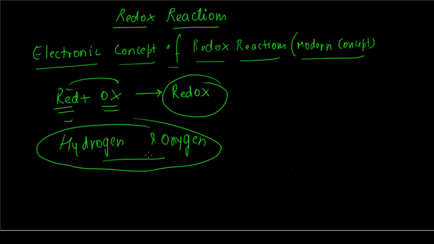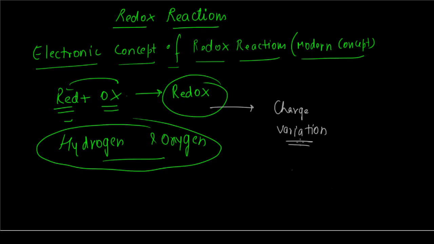And even worse was that we could not balance these equations because they involved charge variation. It was observed that the redox reactions involved charge variation. That means the charge on both sides was not balanced, even in an equation which had a balanced number of atoms, or which followed the law of conservation of mass. But in redox reactions, there is charge variation.